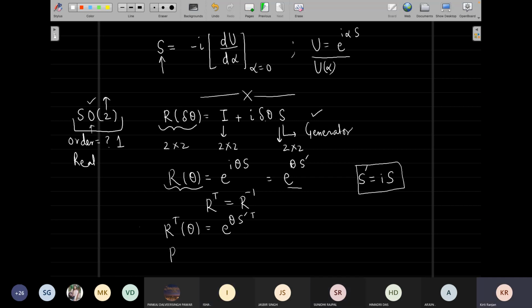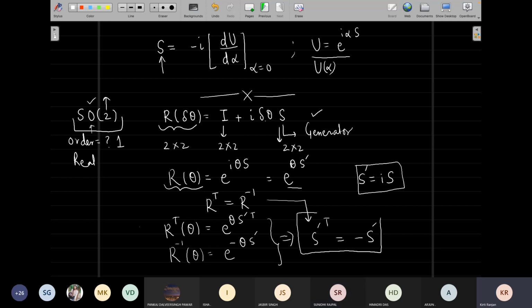What will be R inverse? That will be e to the minus theta S prime. So what do you get out of this? S prime transpose is equal to minus S prime.